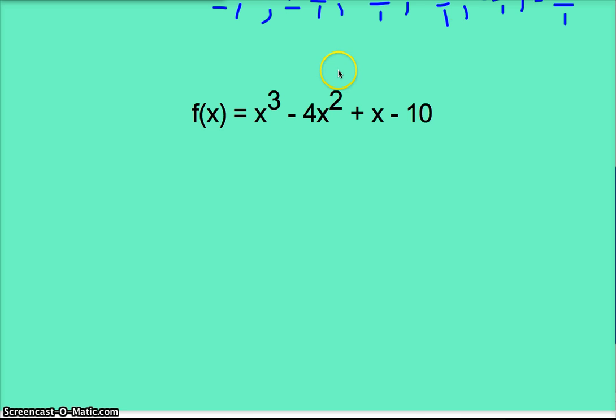Okay, you should have done this at this point, so let's see if we get the right answers. The factors of the leading coefficient, again, 1.